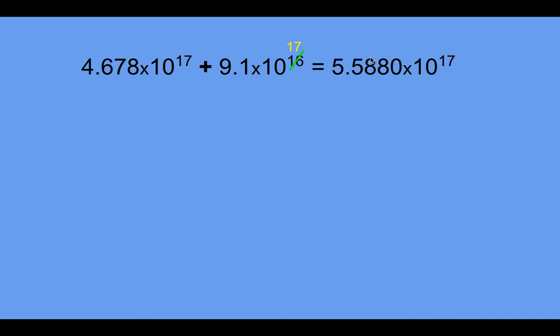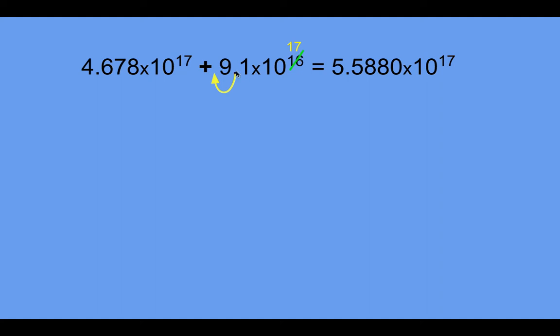So you look at this and you say, okay, the exponent got bigger, so what I have to do is make the number smaller. The way that I do that is by moving the decimal point. Now, you notice that I moved the decimal point just one place. That's because the difference between 17 and 16 is 1.